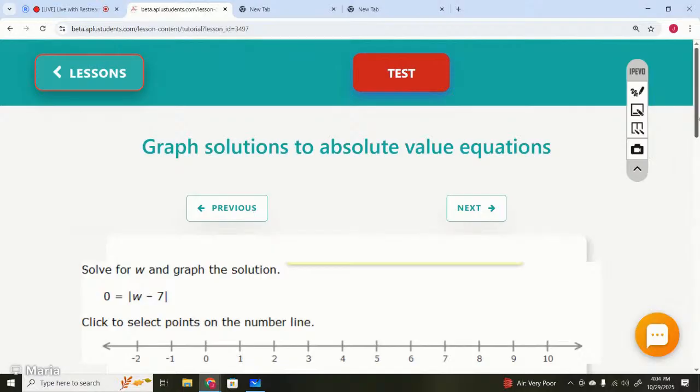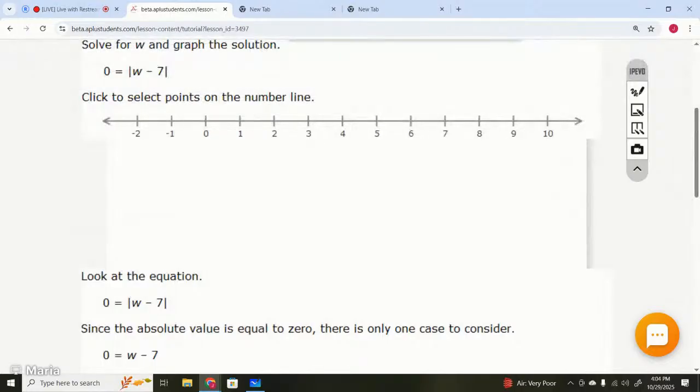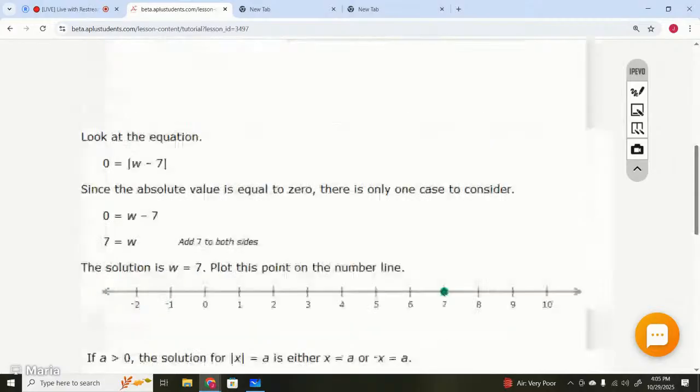Solve for W. Graph the solution. W equals the absolute value of W minus 7. So the absolute value is equal to 0, so we can only consider the positive value. So W minus 7 equals 0.